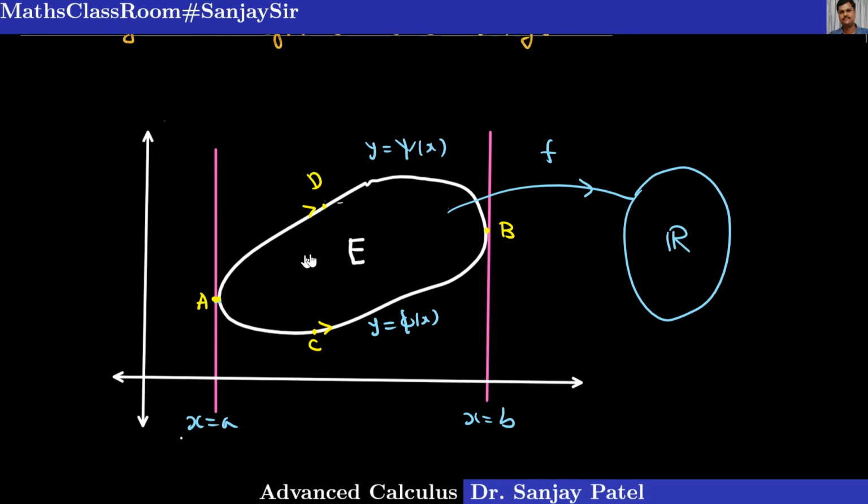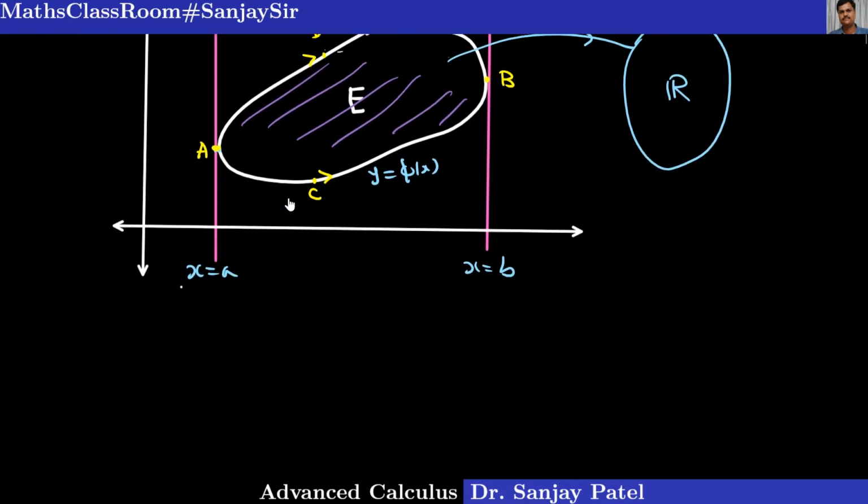So our region of integration is the area enclosed between the four curves, namely the lines x equal to A, x equal to B, the curve y equal to phi of x, and y equal to psi of x.